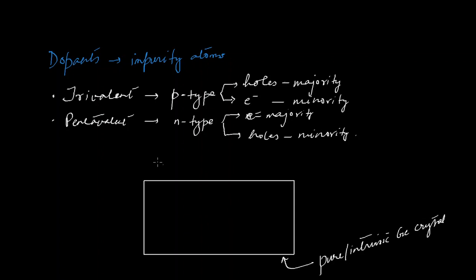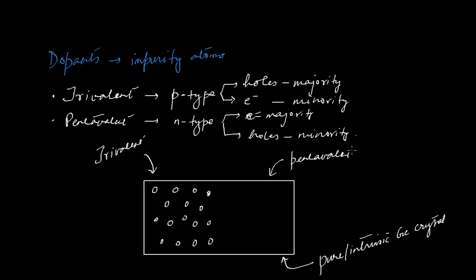Now what I do is I dope on one side. That means I add trivalent impurity atoms on one side, and I'm getting holes. So holes are formed on this side of the crystal, and on the other side I dope with pentavalent impurity atoms, and I'm getting the electrons on the other side.